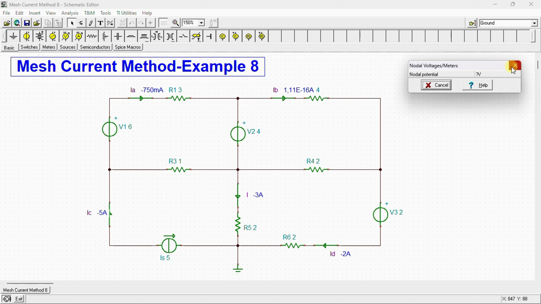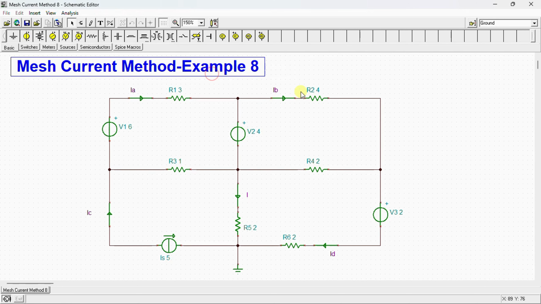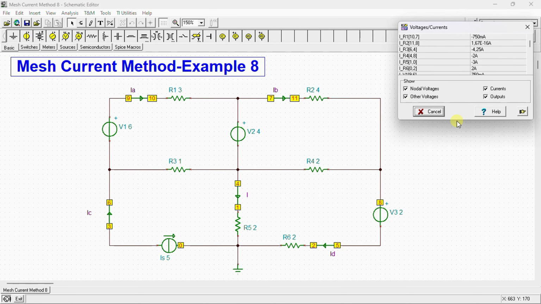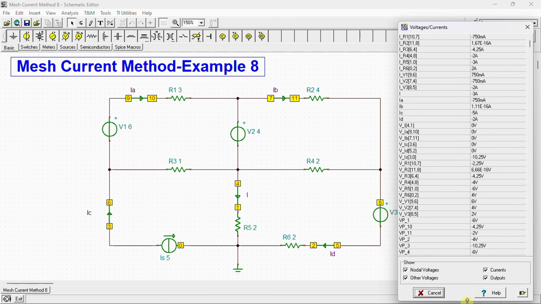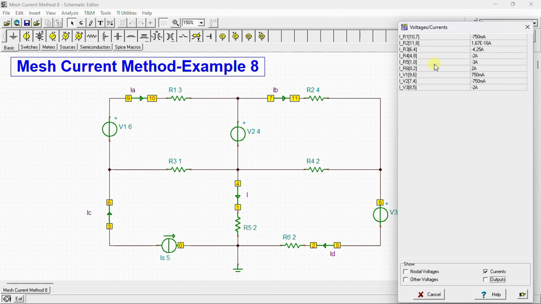You can also verify in a different way. You go to analysis, then analyze, and table of results, and here you will have all the information you need about this circuit. Let's only see our currents. We can see here that this is the current through the resistor R1, equal to negative 750 milliamps. This is the current through the resistor R2, almost 0 amps, and this is the current through the resistor R3.